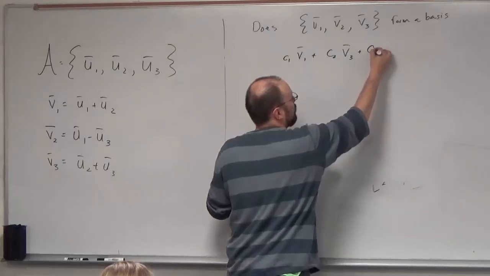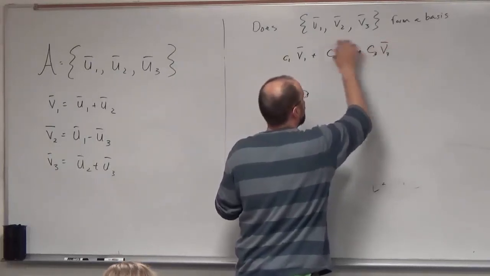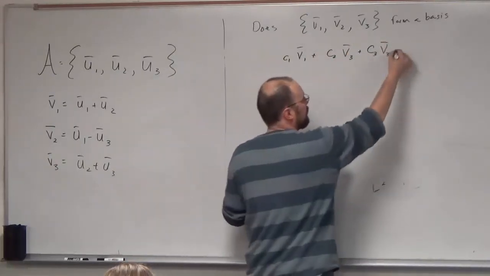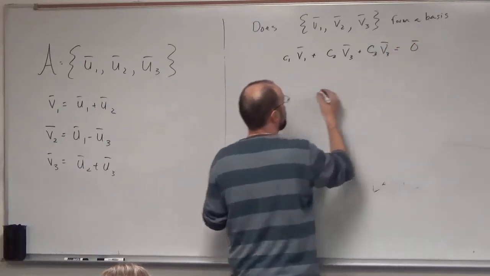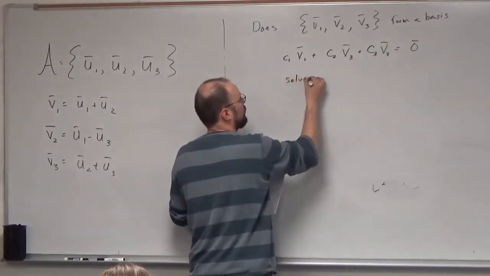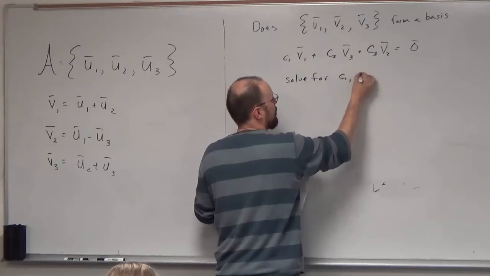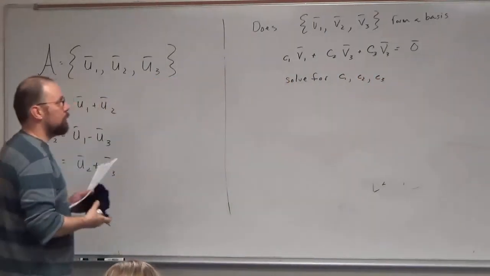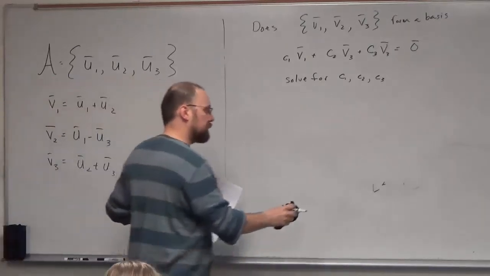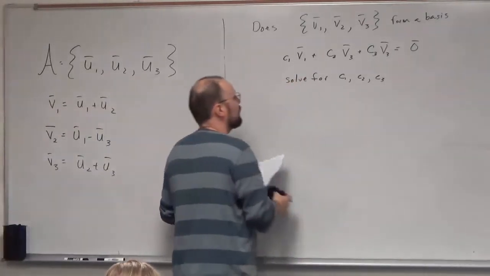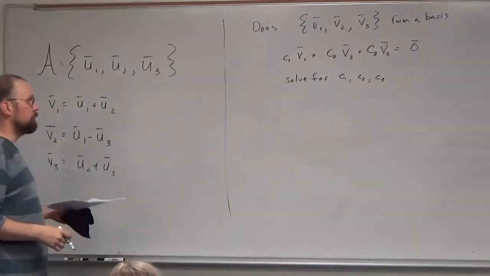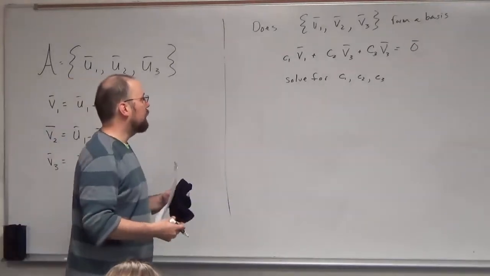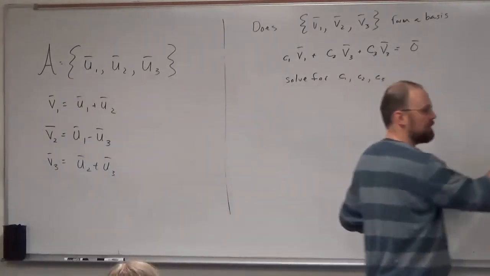You create this linear combination of the vectors in question, set it equal to the zero vector, and then you solve for the coefficients. And if the only solution you get is that those coefficients are zero, then you have linearly independent vectors. If you find a non-trivial solution for the coefficients, then we have linearly dependent vectors.